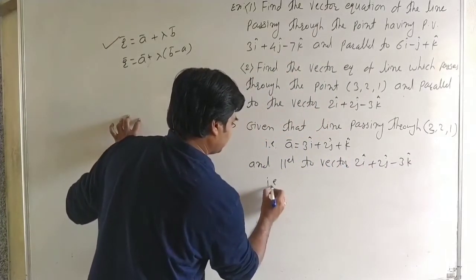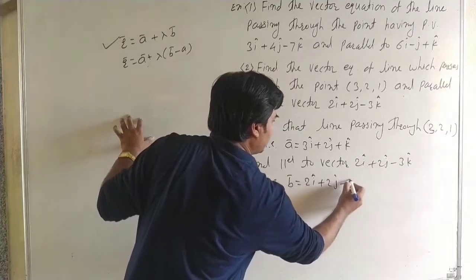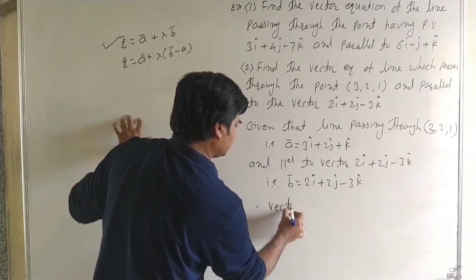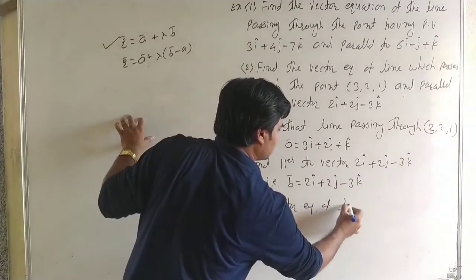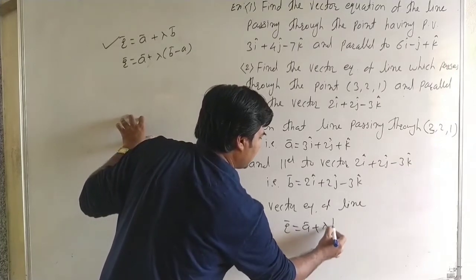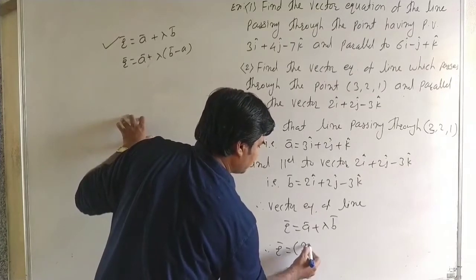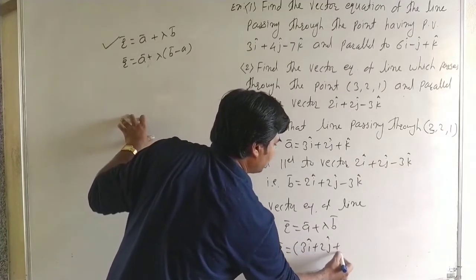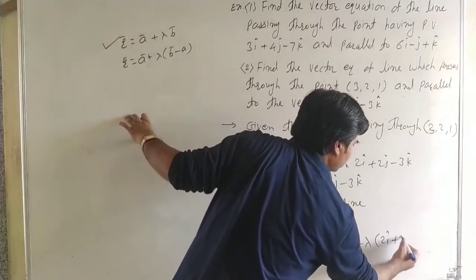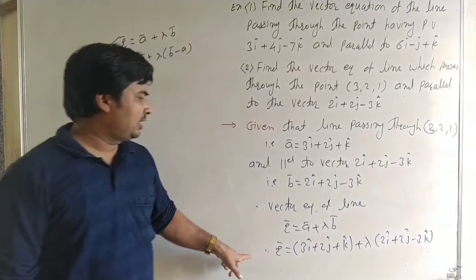That is b bar is equal to 2i cap plus 2j cap minus 3k cap, and therefore vector equation of line r bar is equal to a bar plus lambda b bar, and then the last answer is r bar is equal to 3i cap plus 2j cap plus k cap plus lambda into 2i cap plus 2j cap minus 3k cap. Okay, here it is the vector equation of line.